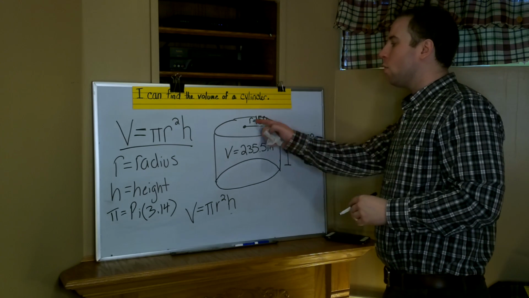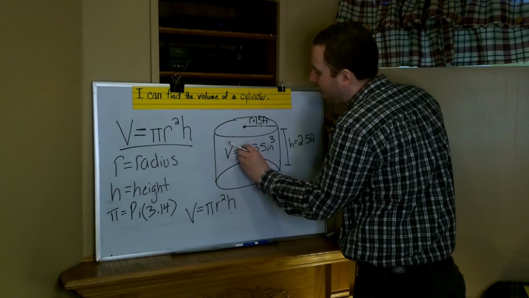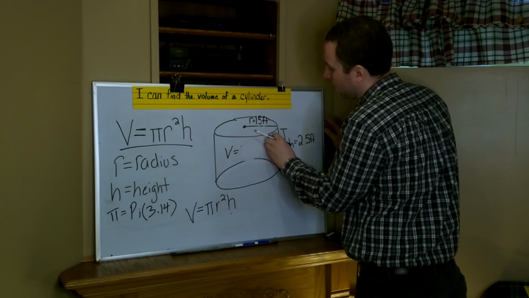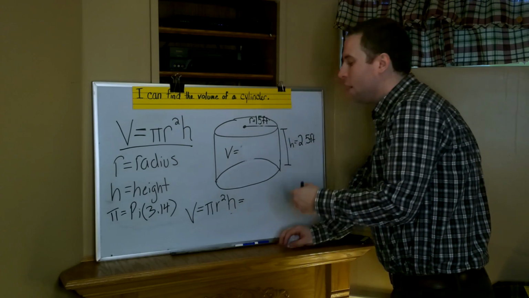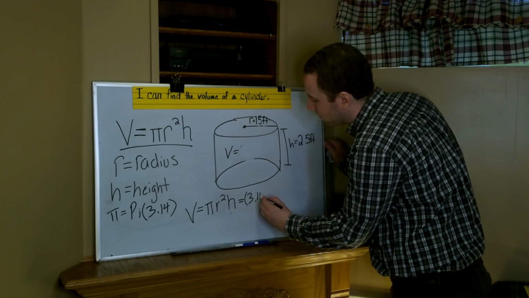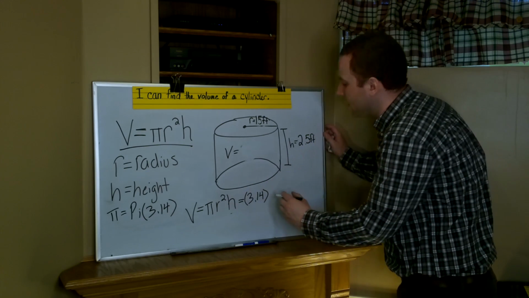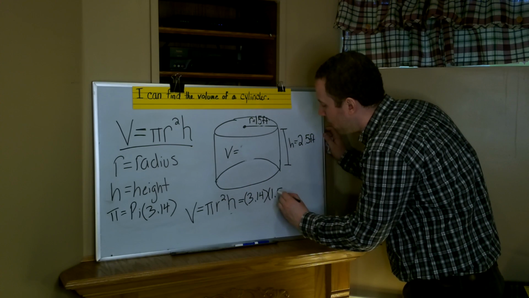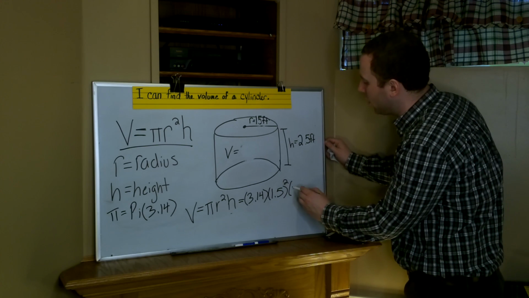So again, radius is 1.5, height is 2.5. Let's go ahead and find the volume of this cylinder. So, we're still going to use pi, so pi is 3.14. We're then going to multiply it by our radius being 1.5, so 1.5 squared, times the height, which is going to be 2.5.